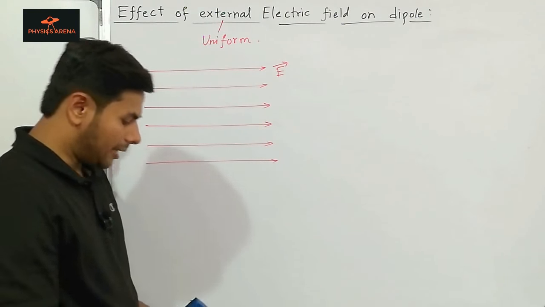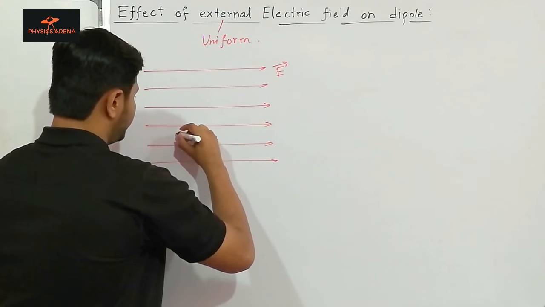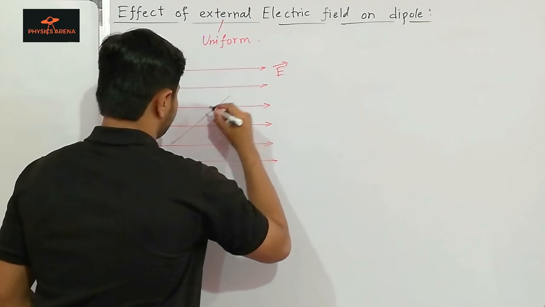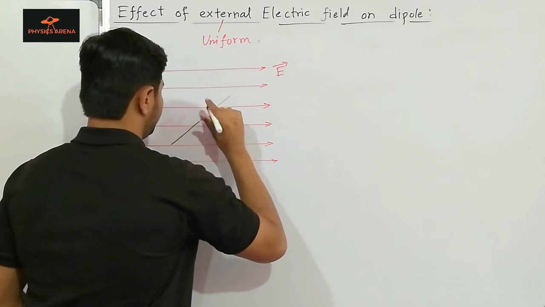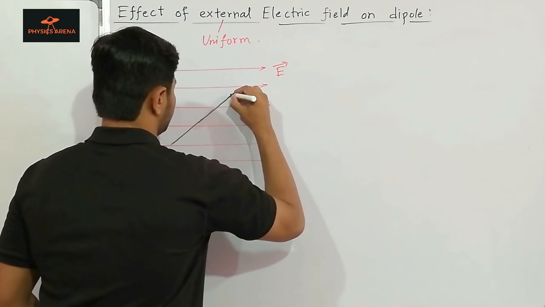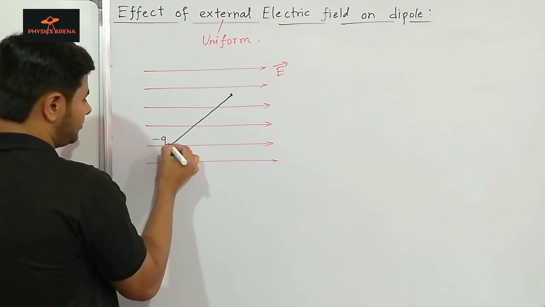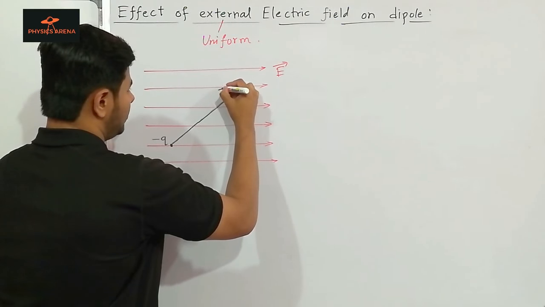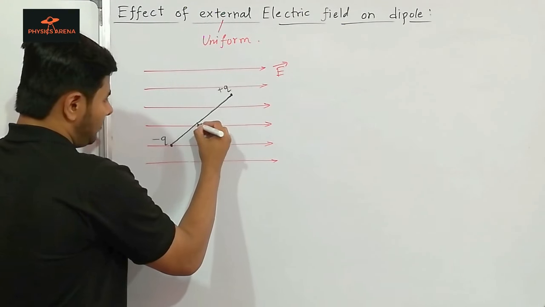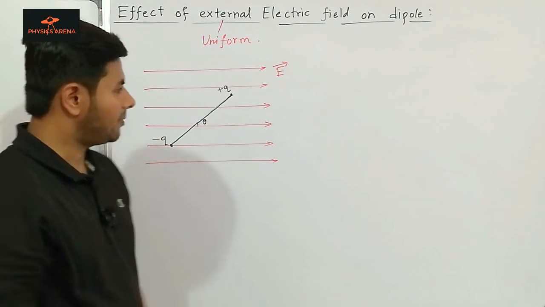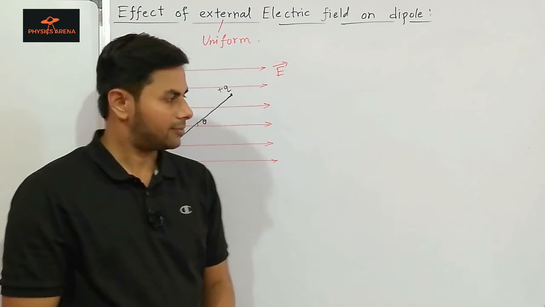Now let's put the dipole in this field. So we put this dipole like this. So this is minus q and this is plus q, and this dipole is inclined at some angle to the electric field, and suppose that angle is theta.